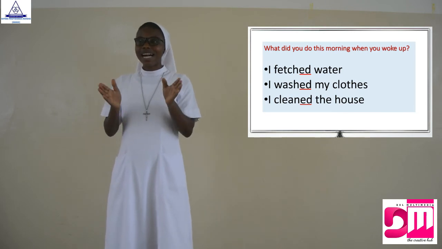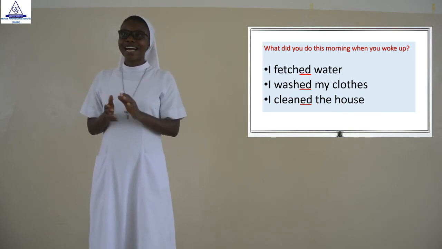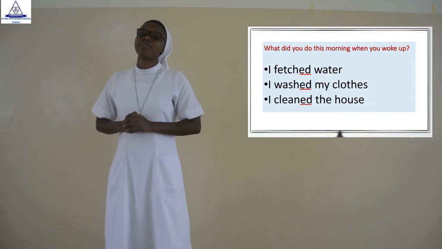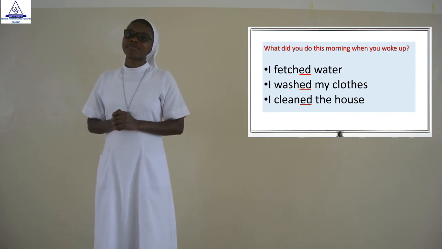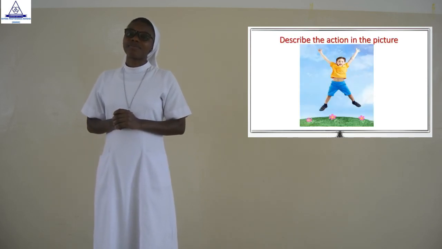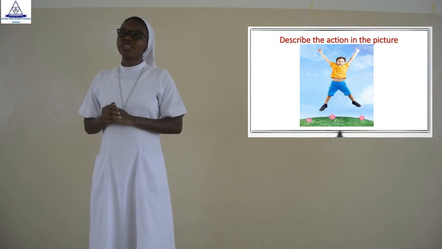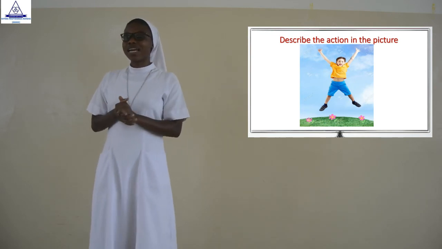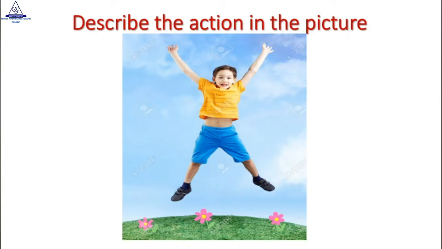Now I'm going to display some pictures on your screen. Watch them and tell me the actions that are being performed there. Good. In the first picture, we can see a boy jumping. Now we are going to take the verb jump. What is the past tense of the verb jump?